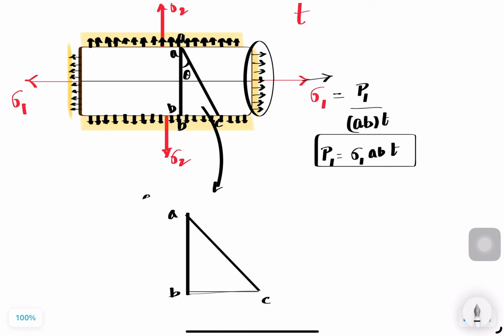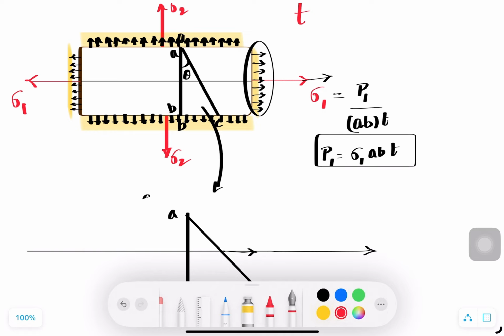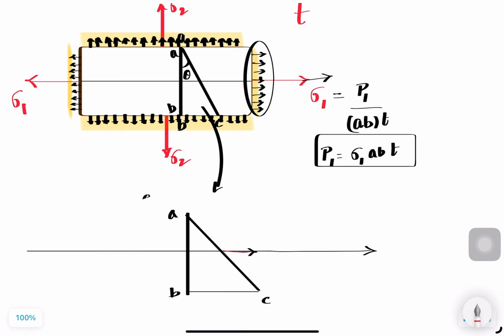We know that the load is pulling in this direction. According to the principle of transmissibility, the load is transmitted along its line of action, which means that the load P1 is also acting here. Let me represent that by a slightly different color, maybe red. So that is P1.